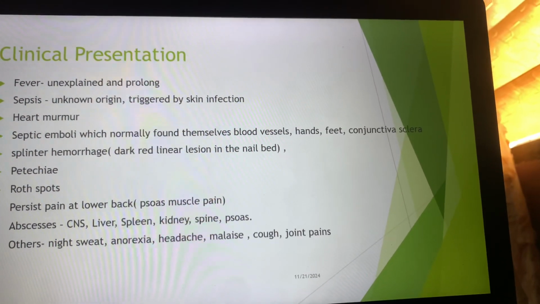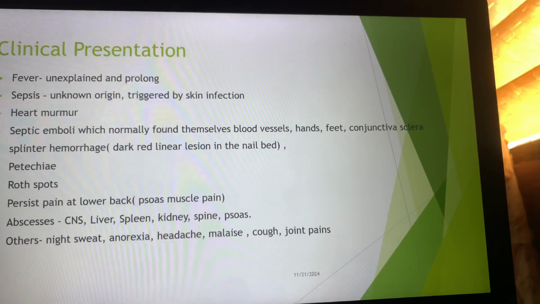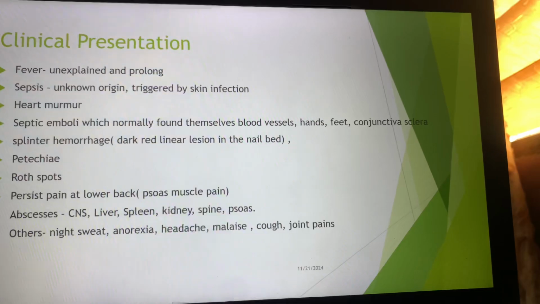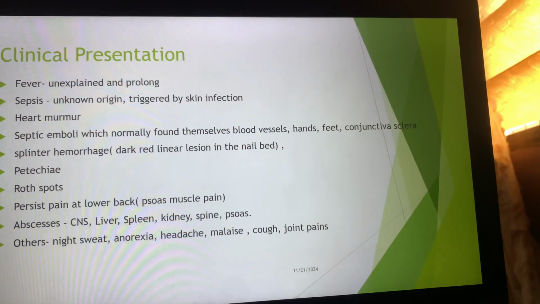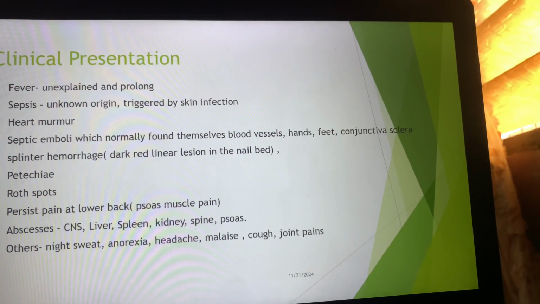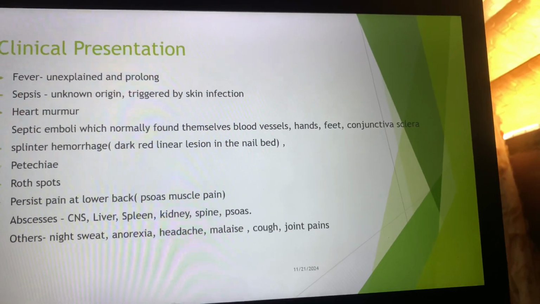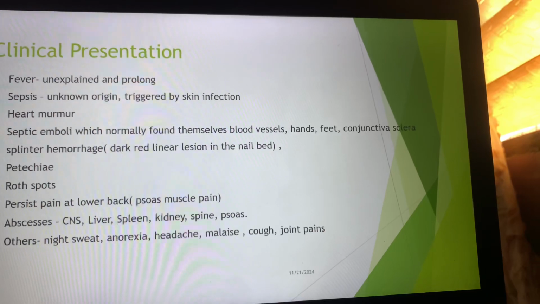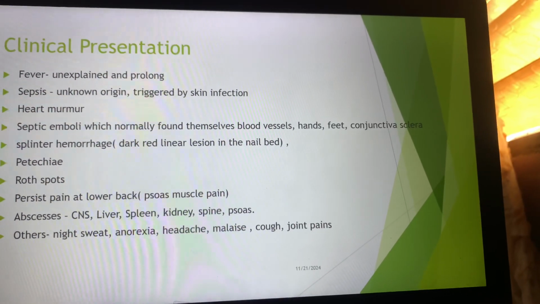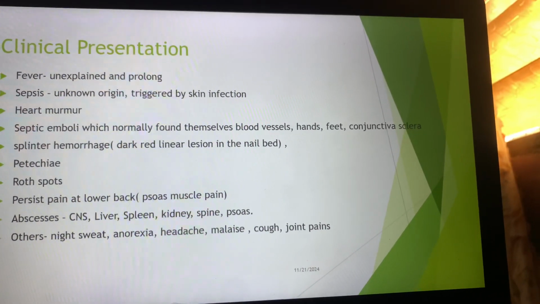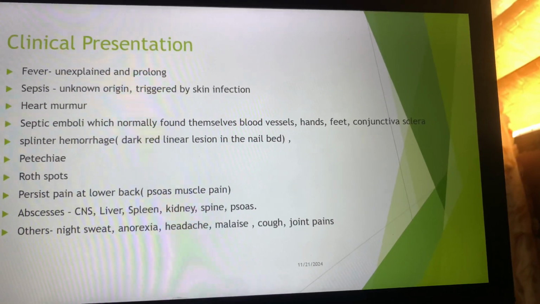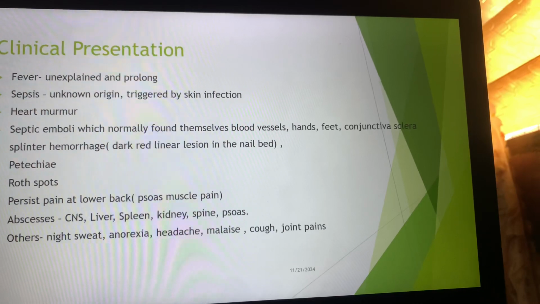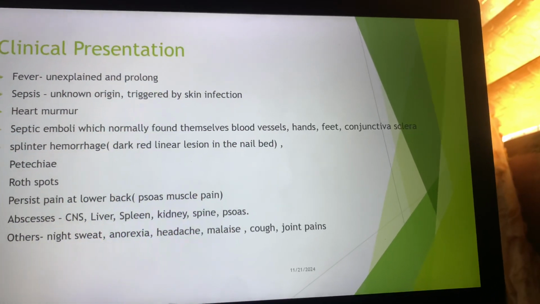When they are found under the hand, we call them Osler nodes and Janeway lesions. We have splinter hemorrhages, dark red linear lesions in the nail bed. We have petechiae, we have Roth spots, we have persistent pain at the lower back.